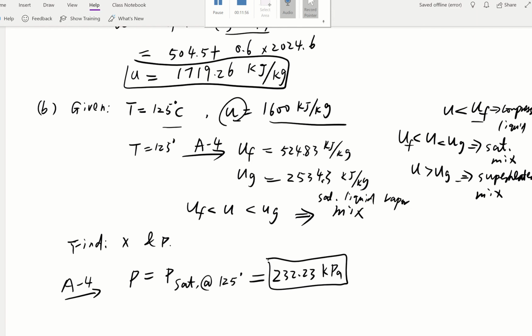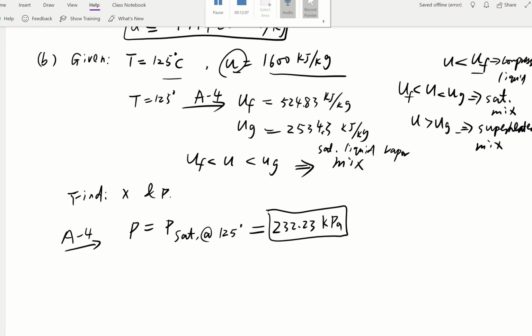Then the next question we were solving is quality. Yes, there's a quality associated with this problem because it's a saturated liquid-vapor mixture. How do we find that quality? We know the second property is U, internal energy.